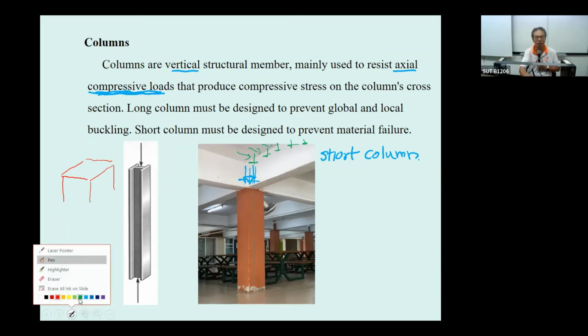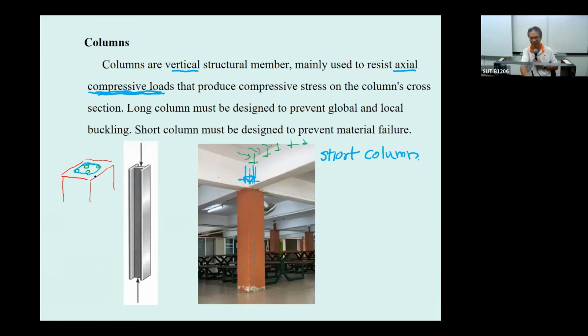They are going to have the main reinforcement, and they also have the stirrup to tie the main reinforcement to work together.